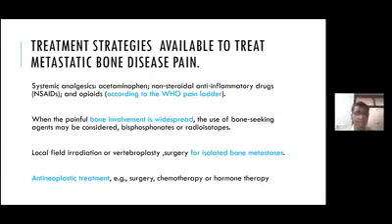After that, if the bone involvement is widespread, we can use bisphosphonates, isotopes, denosumab, etc. For isolated bone metastasis, we can use local field irradiation or interventional vertebroplasty. Or by ameliorating the disease, we can also control the disease and the pain. So anti-neoplastic treatment is helpful if it is possible.